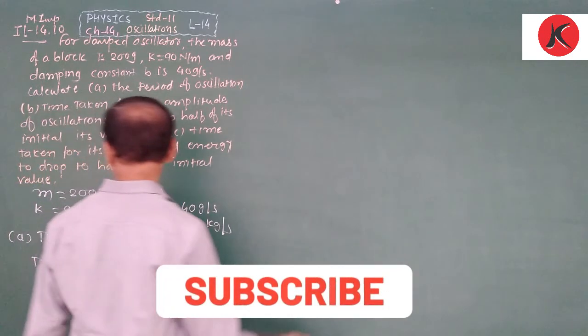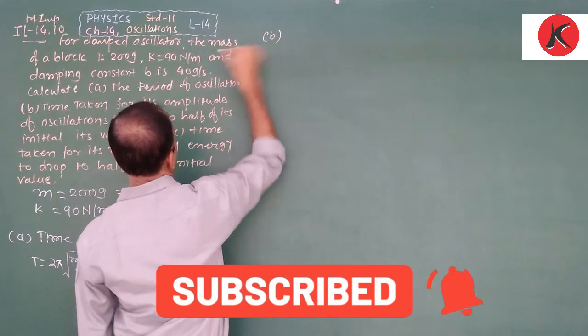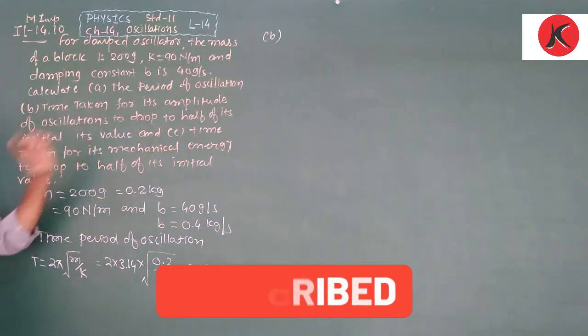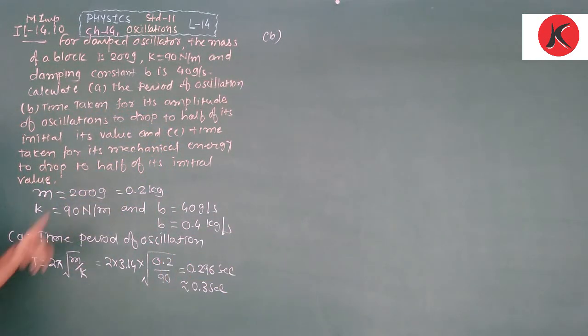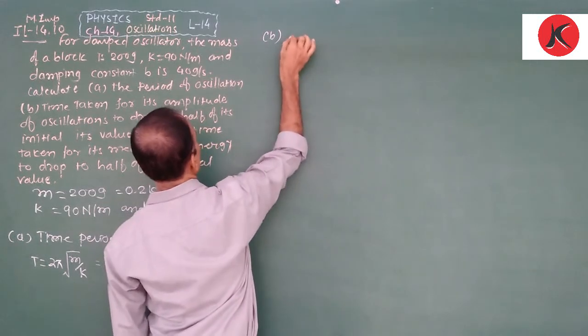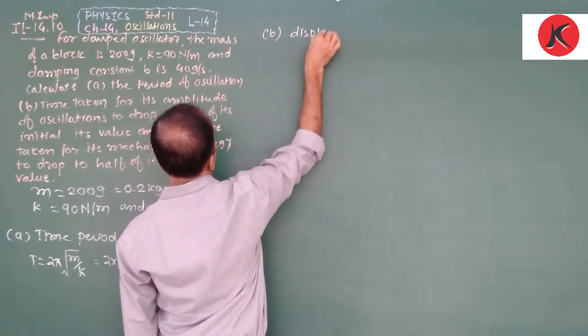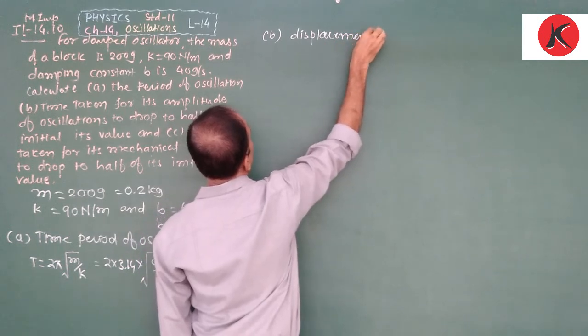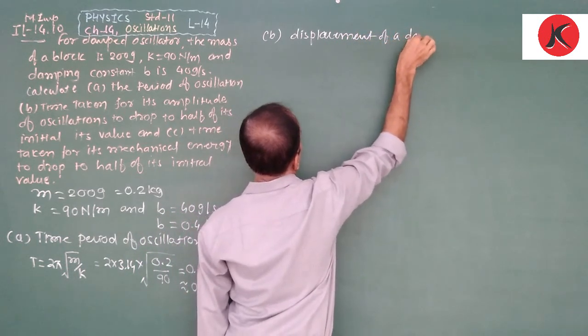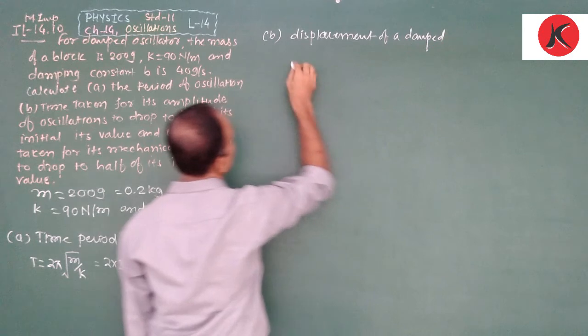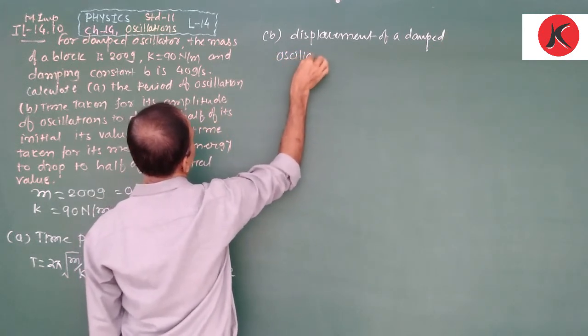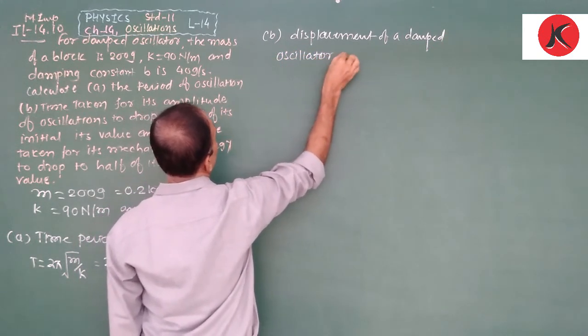Now the b part. We have to find out the time for which the amplitude becomes half of its initial value. For that purpose, we write the displacement of the damped oscillator at time t.